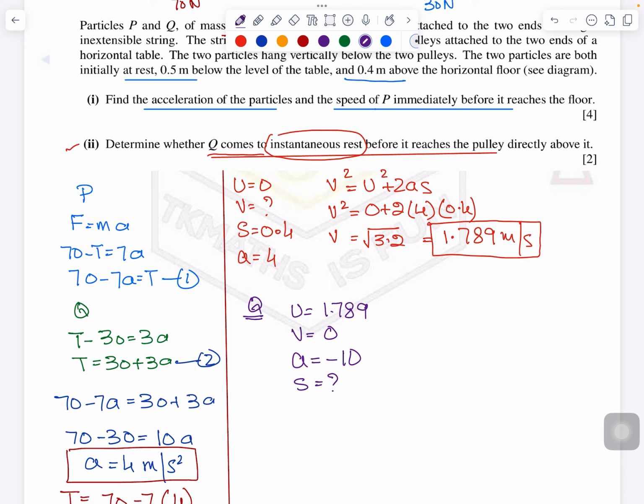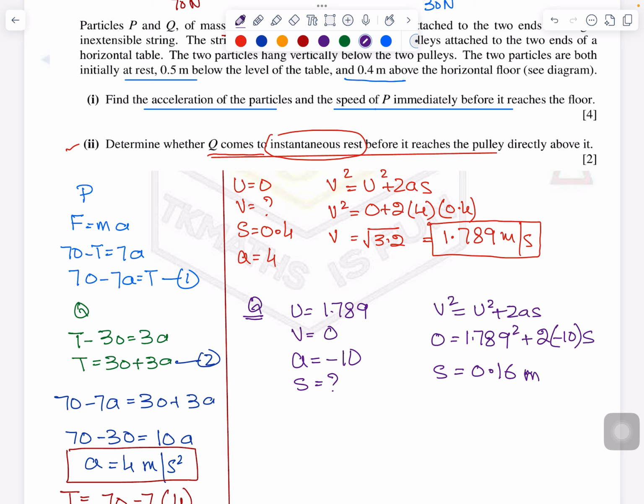So I will use here again V squared equals U squared plus 2AS. And U is 1.789. Please pick up the calculator. Plus 2AS. Okay, so S is coming 0.16. Now this distance 0.16 is more than 0.1.